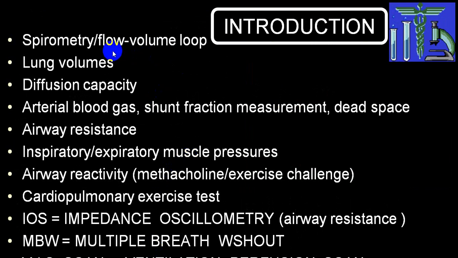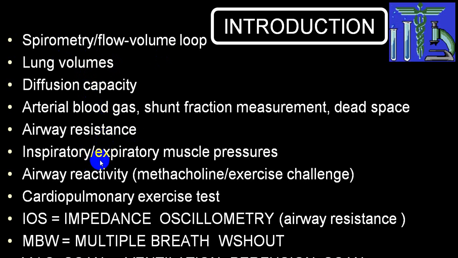So there are a large number of different modes. Spirometry can give you flow volume loops. It will also give you a volume time curve. You can do a lung volume study by plethysmography, diffusion capacity by DLCO, ABG, airway resistance study.